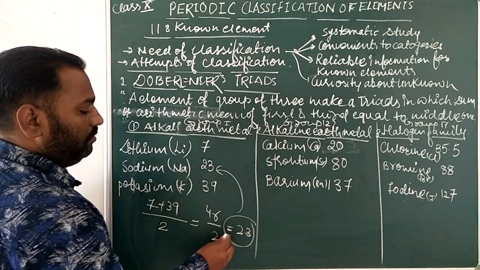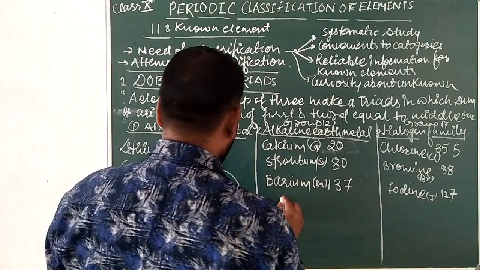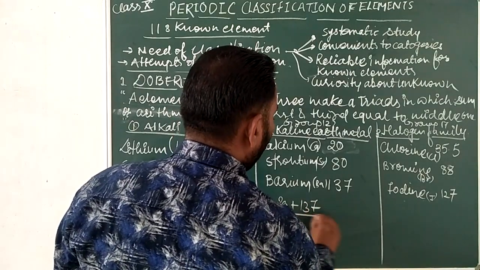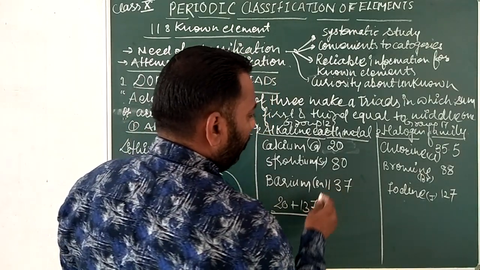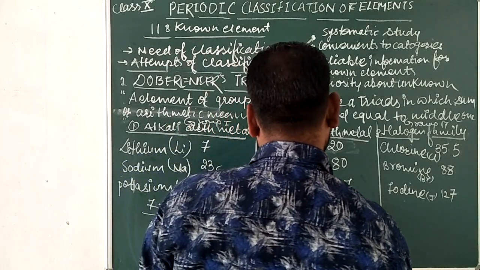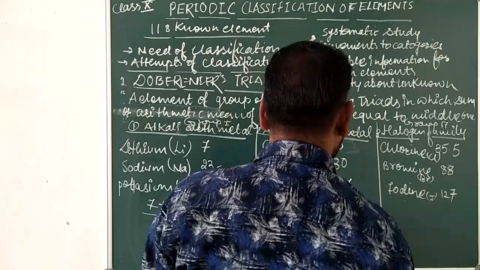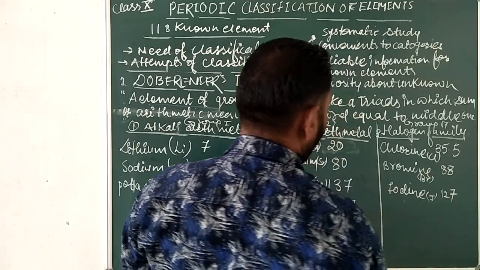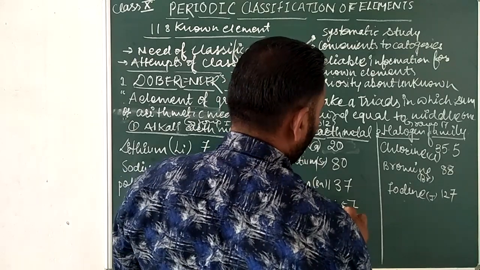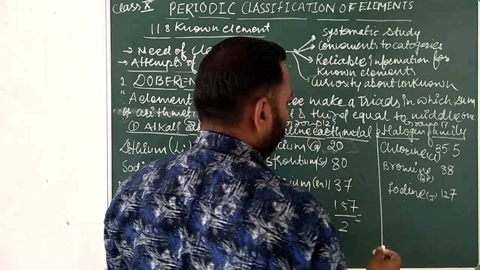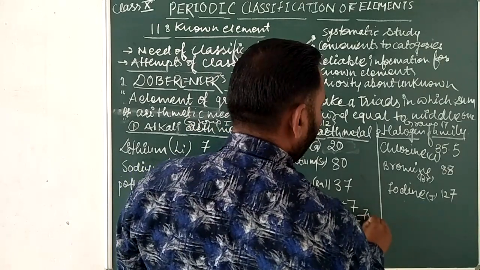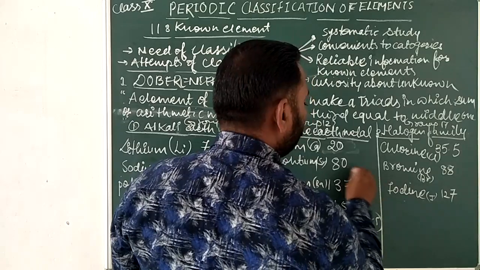Okay, like that. Here it is 20 plus 137, and then divide by 2. What will be the answer? 157 upon 2, then 78.5, which resembles this one.